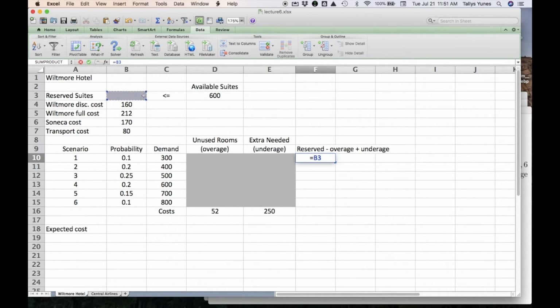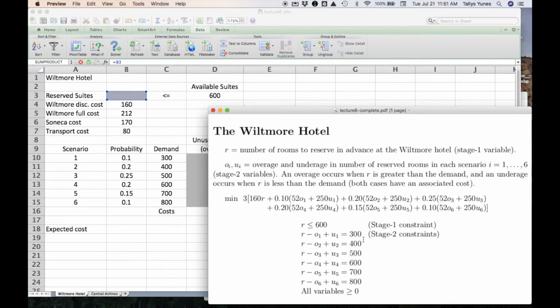Here's my R. Notice the R is constant across scenarios. Why is that? Why don't I have several R's? Well, because R is a decision of today, which when I find myself in the tomorrow moment, the today decision is now a yesterday decision, and I can't modify it. So whatever I did yesterday is fixed and constant throughout every scenario.